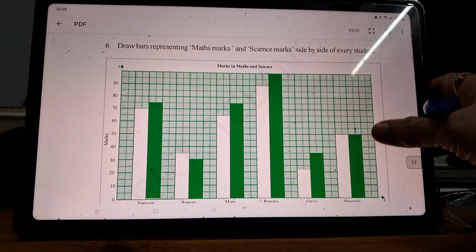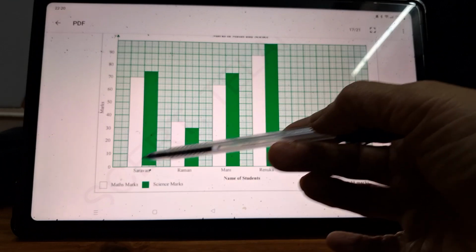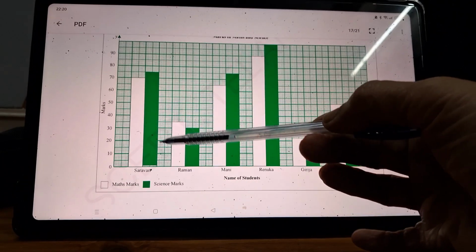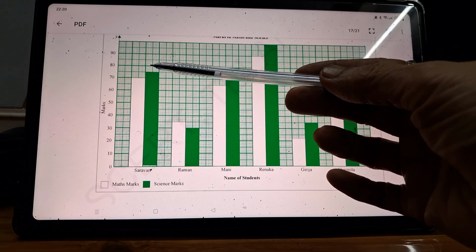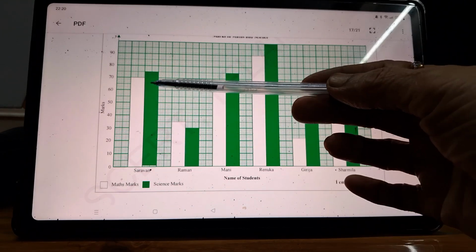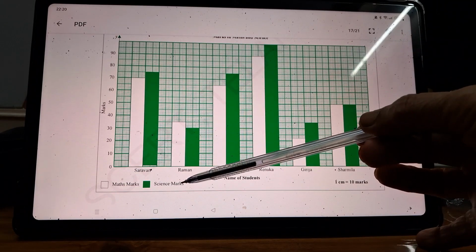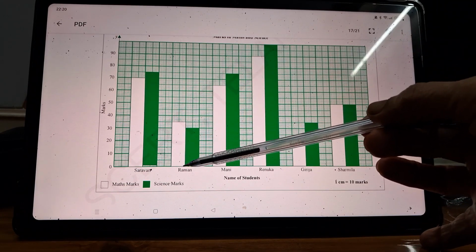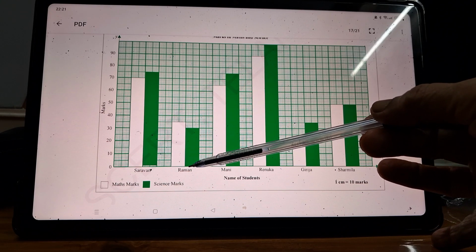So the same thing I am taking here. You see, the white one is marks in maths and the green one is marks in science. Sarvan has got 70 in maths and 75 in science. Raman has got 35 in maths and 30 in science.